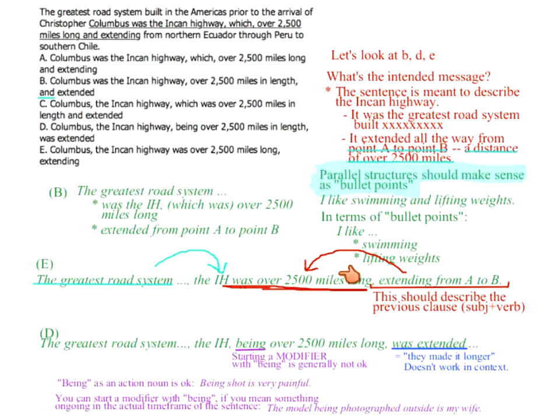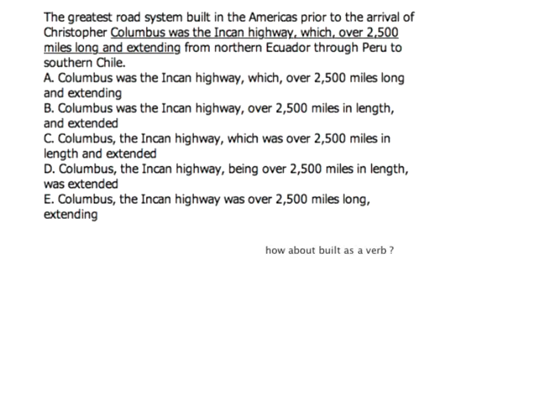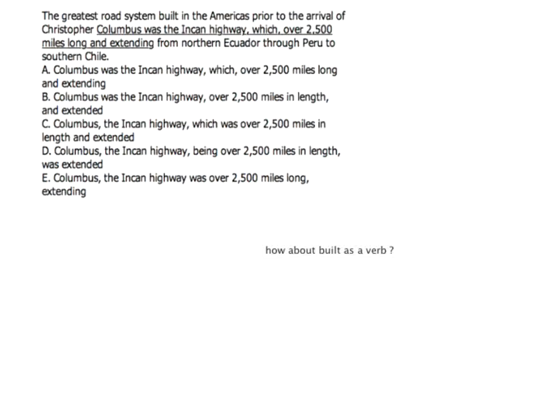All right, one more question someone had about built. Let me just put that up there. So here's the question again. Someone asks, what about built as a verb? I mean, the problem here is that built is not a verb.